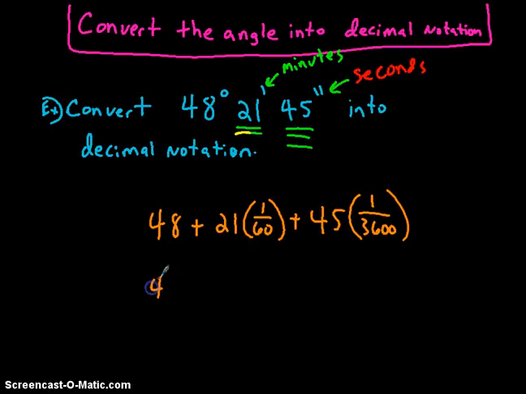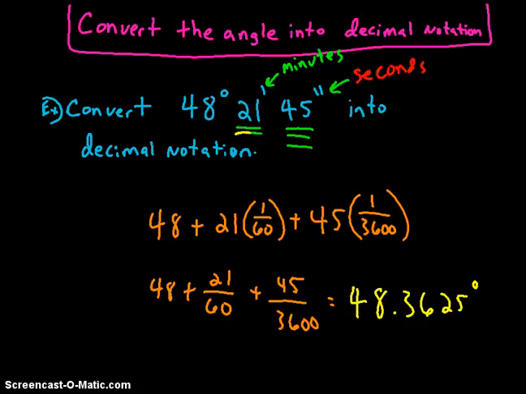So it's 48 plus 21/60 plus 45 over 3,600. You can plug into the calculator 48 plus 21/60 plus 45 over 3,600, and you wind up having 48.3625 degrees.